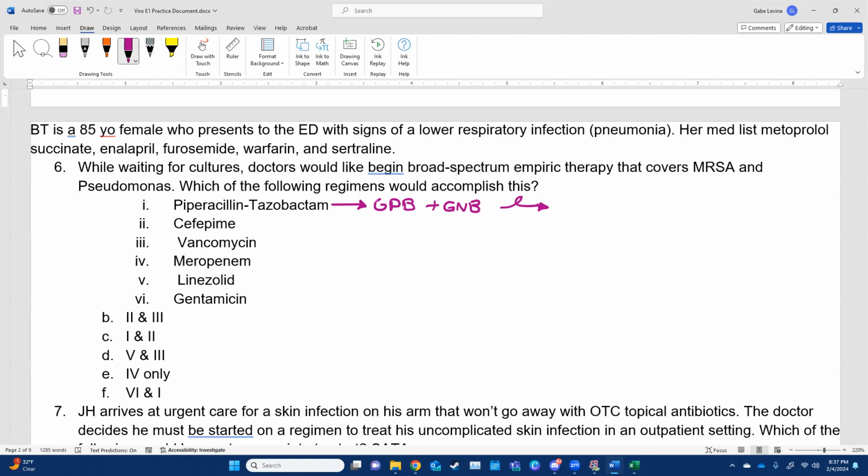What's a good thing that piptazo covers, especially when we talk about resistant bacteria? Oh no, I'm thinking about the wrong thing. Right? Am I crazy? No, I'm thinking about the wrong thing.